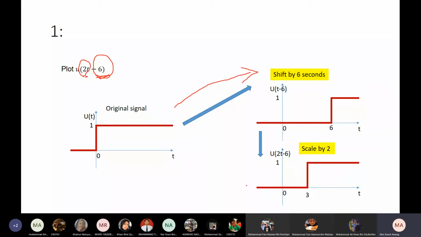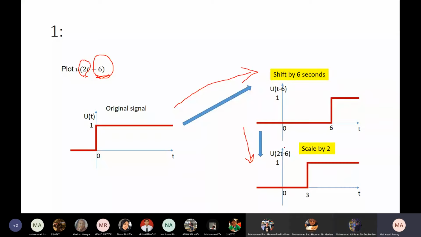So your signal is now 0 for t less than 3, and 1 for t equal to 3 or greater than 3. So this is the second step, and this is the final answer for the first one. Easy, right?